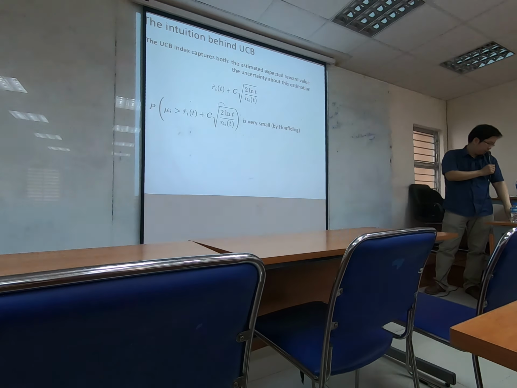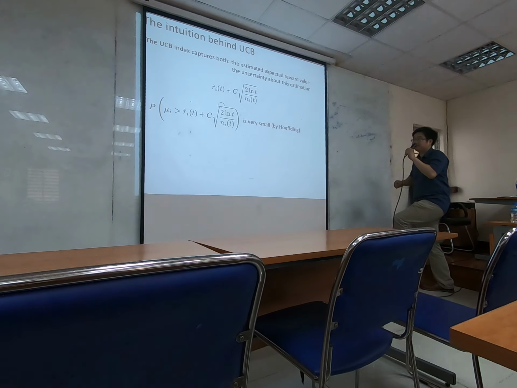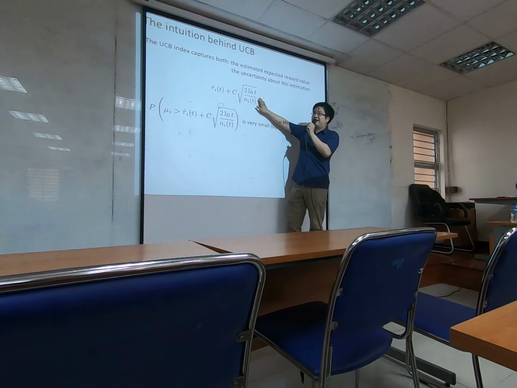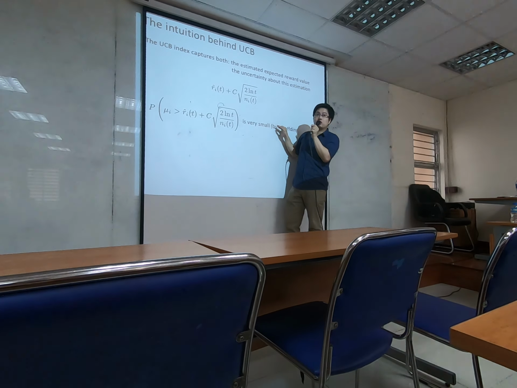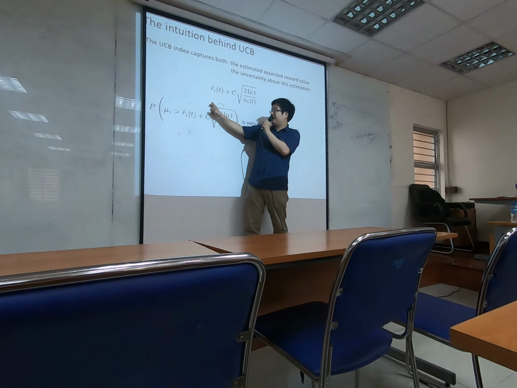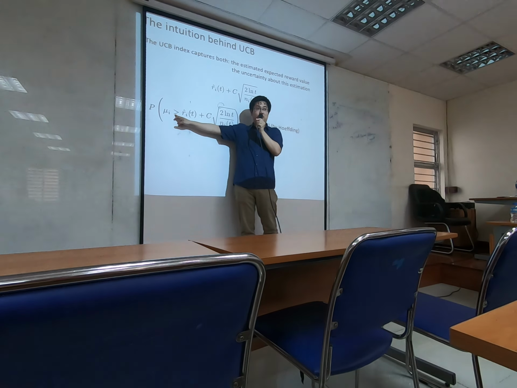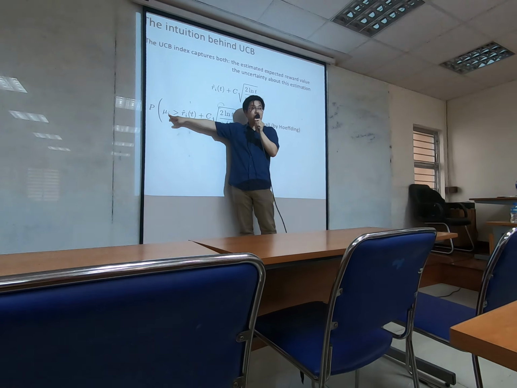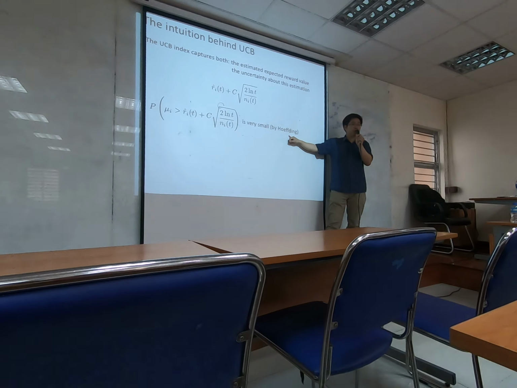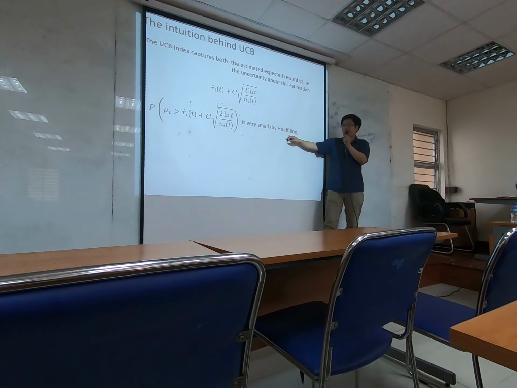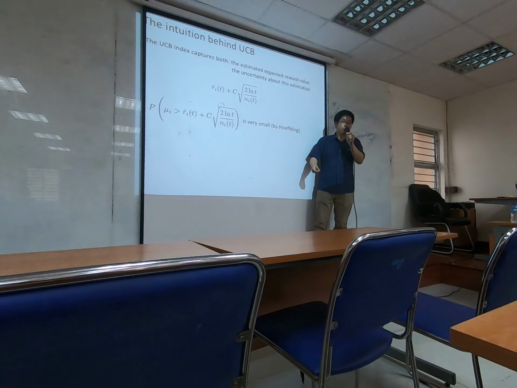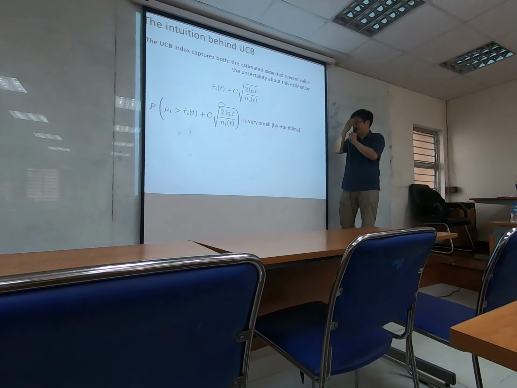If you look at the UCB index of an arm again, then by using Hoeffding's inequality you can prove that the probability that our index is smaller than the true mean is very small over time. Sorry, it's not exponentially small; doing the proof, you will see how small it is.